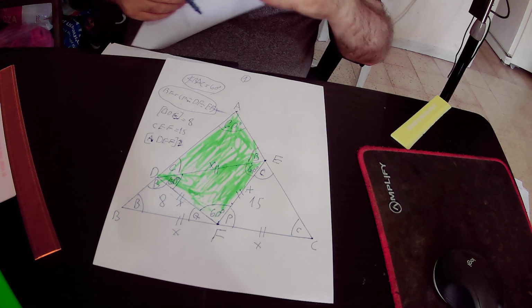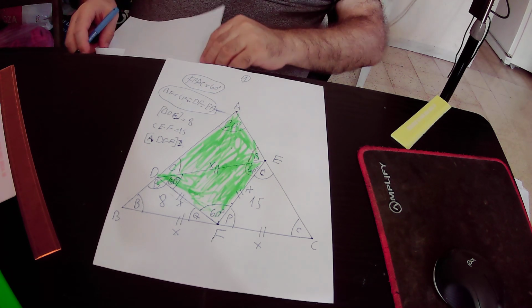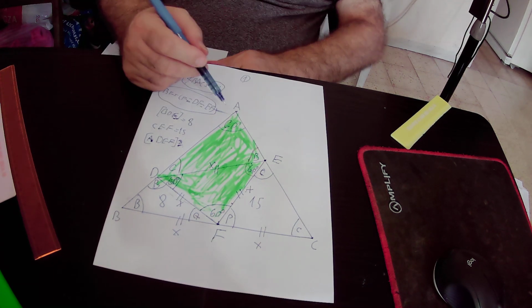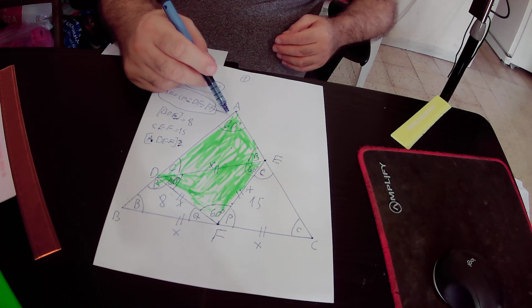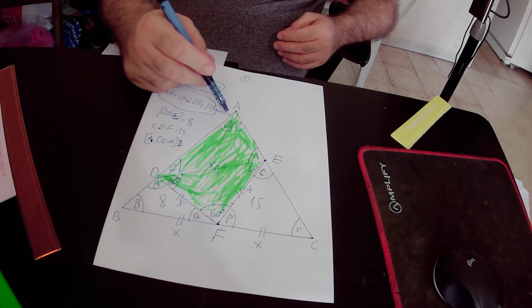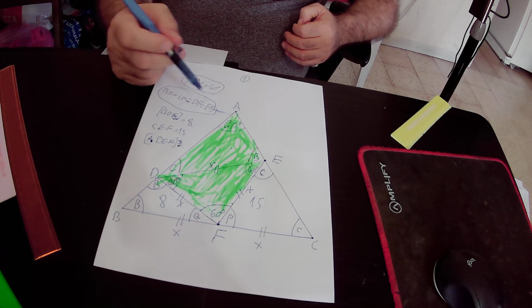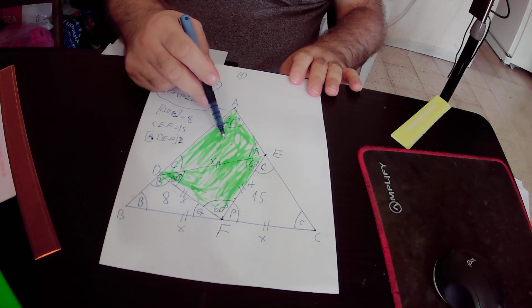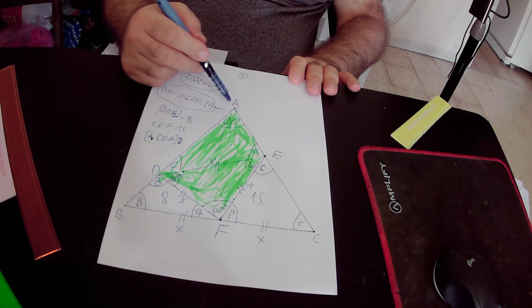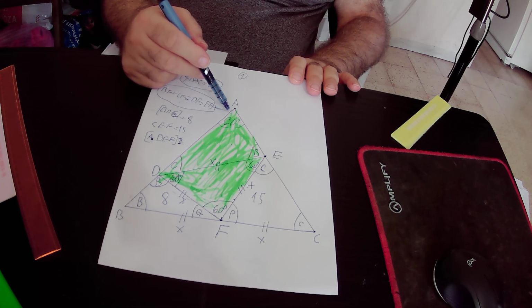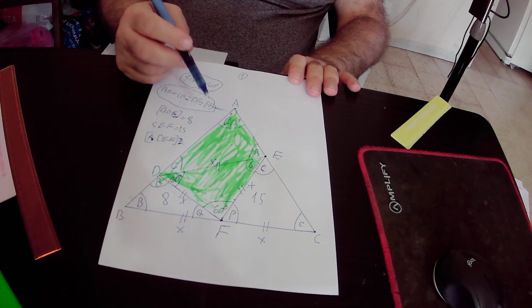And we also have a common angle. This angle that equals 60 degrees is a common angle because it belongs to triangle ADE, the green triangle, and also angle A that equals 60 degrees belongs to triangle ABC.